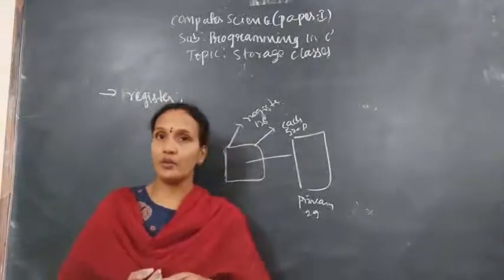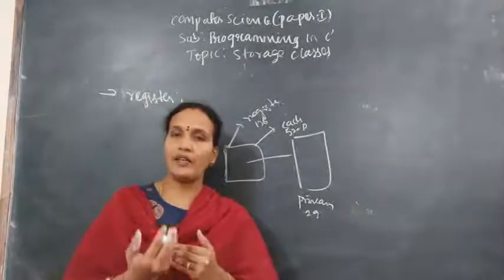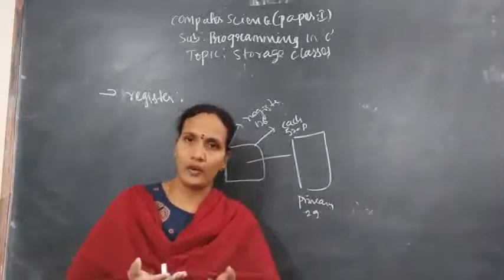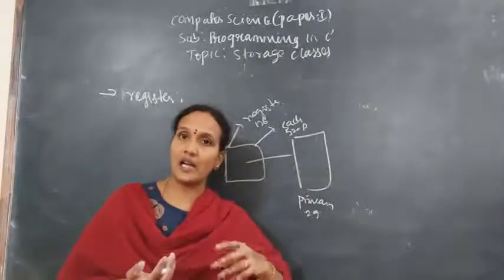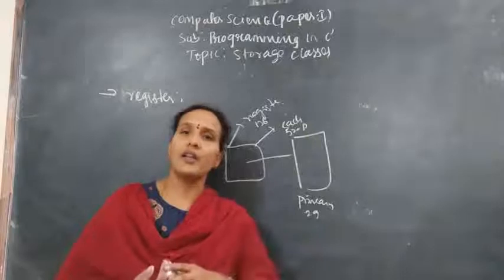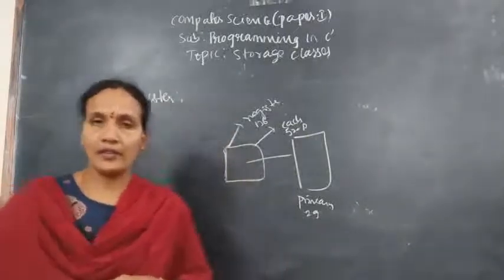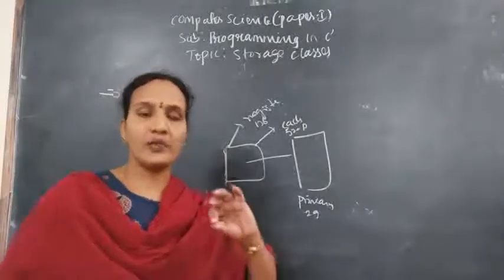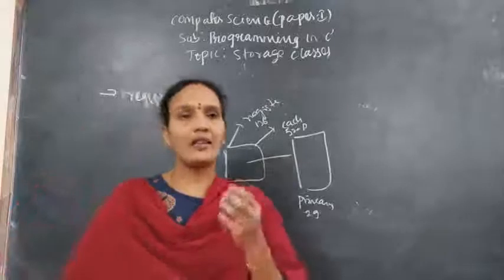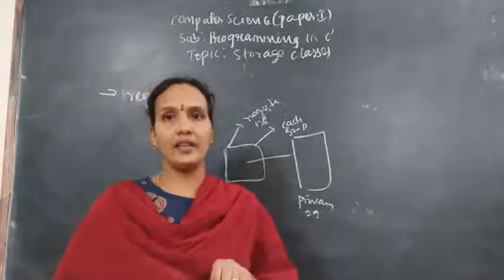But when it comes to accessing data, whenever the processor wants to execute any program, first it will go to the registers, because there is a direct connection between registers and your processor. So if you have declared any variable as a register variable, that is very close to your processor, and whatever value you have stored in that variable can be retrieved very fast.